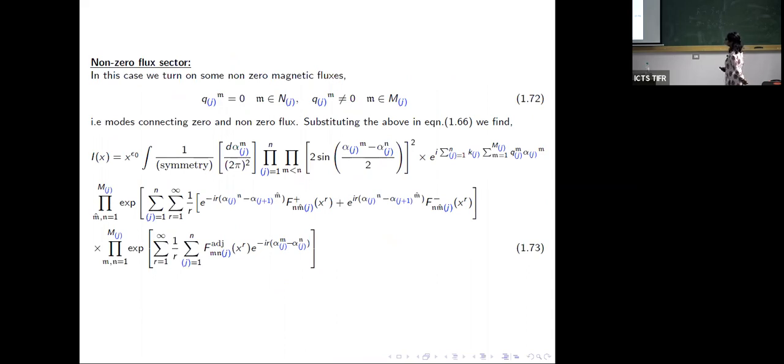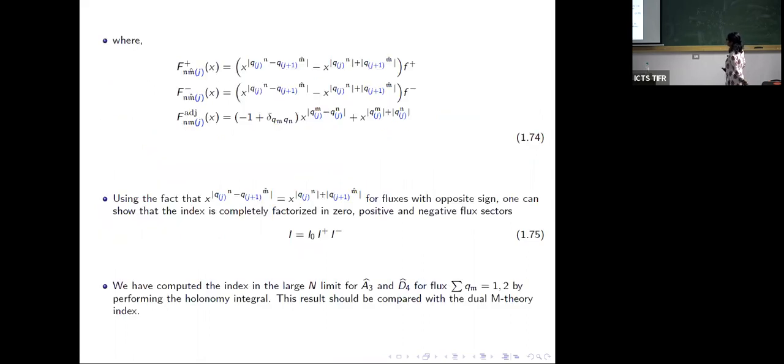And we see that by doing so, we end up with this expression of the index, where the expression of the letter indices f changes and is given in equation 74. And it says that suppose q_n is positive and q_m is negative, and by using this relation, we can show that whenever the charges are connecting one positive and one negative, it cancels out, and therefore the index has this nice property that it factors out.